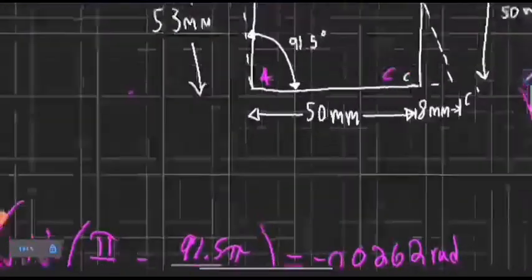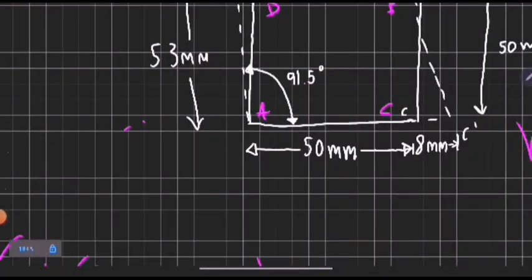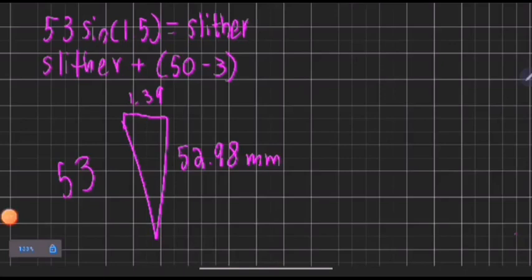Now, if this angle is 91.5, and the square was 90, then we know what this angle was. Of course, it's 1.5 degrees. So if I want to get the height from the base of the square to this top where B prime is, we're going to need to use that angle.